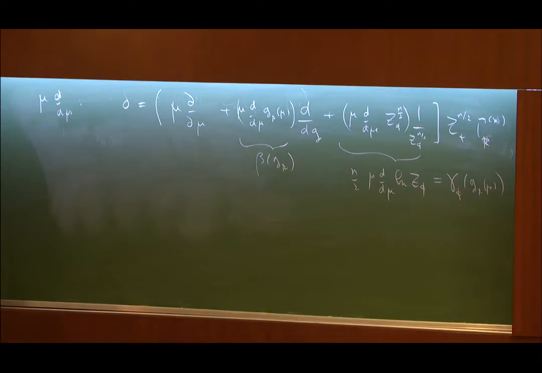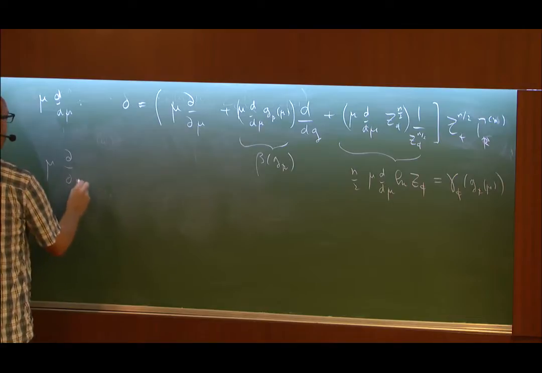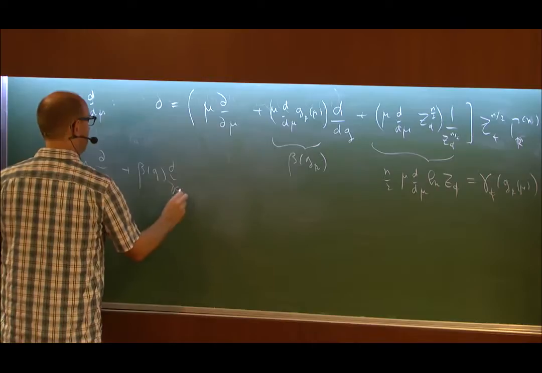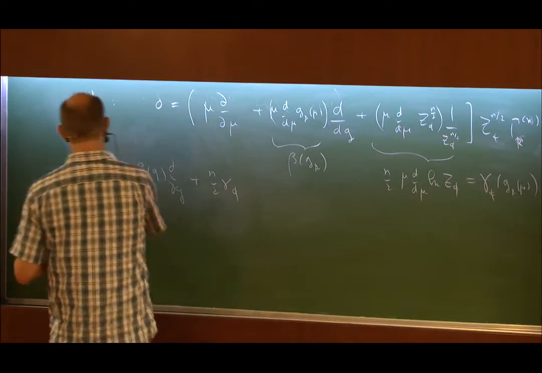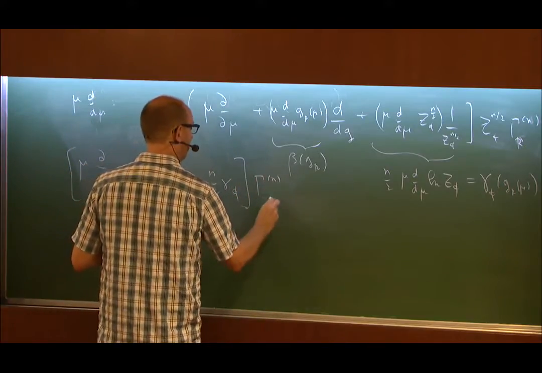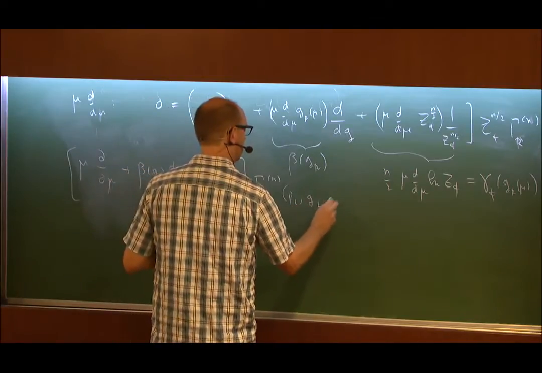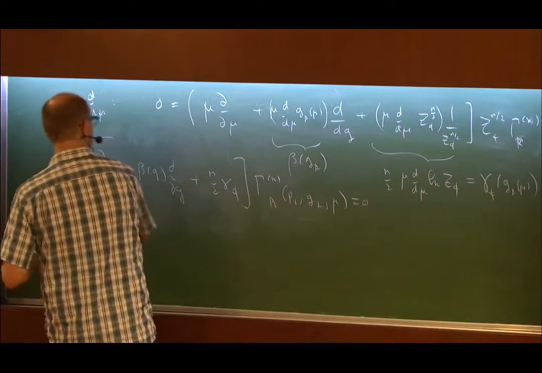So we have here an equation, I'll just copy it down again, because it's such a standard equation. Beta of g d/dg plus n over 2 gamma phi, acting on the renormalized Green's function, is 0. And this is the renormalization group equation.